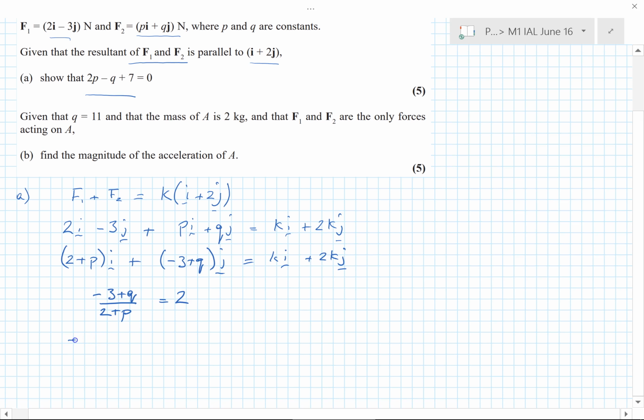So I can multiply that out and get minus 3 plus q is equal to 2 times 2 plus p. So that's minus 3 plus q is equal to 4 plus 2p. And then that gives us 2p minus q plus 7 equals 0 as required.